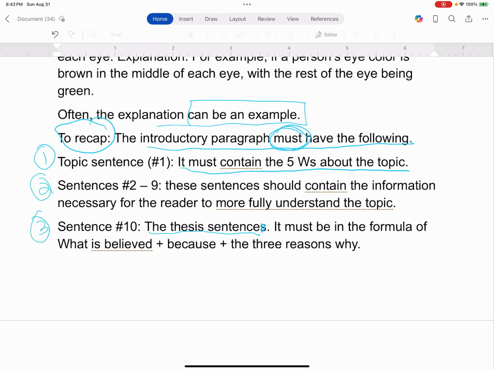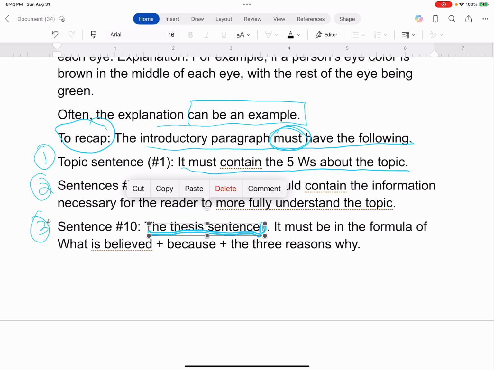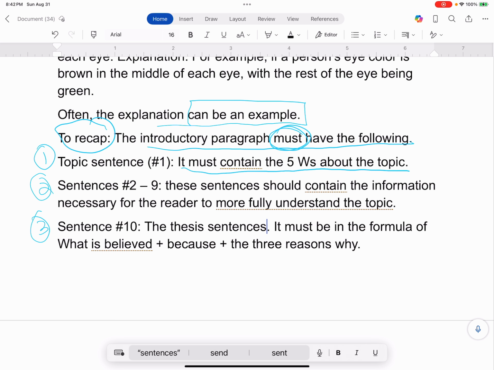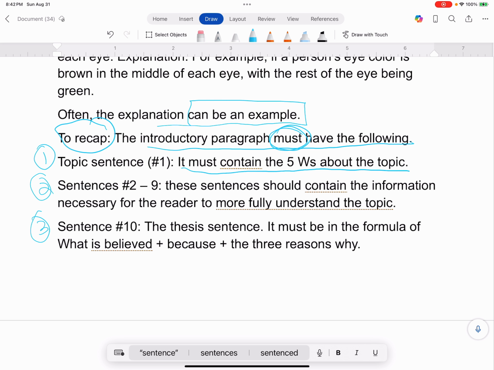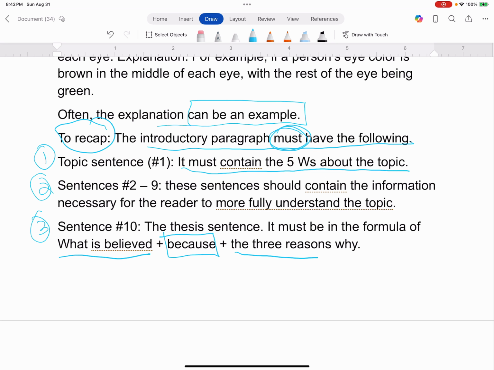Hold on, let me correct that before we go any further. We don't want someone thinking it is more than one sentence. The thesis sentence must be in the formula of what is believed, the word because, and the 3 reasons why. Now, I think this will help you, and I'm looking forward to reading your paragraphs.